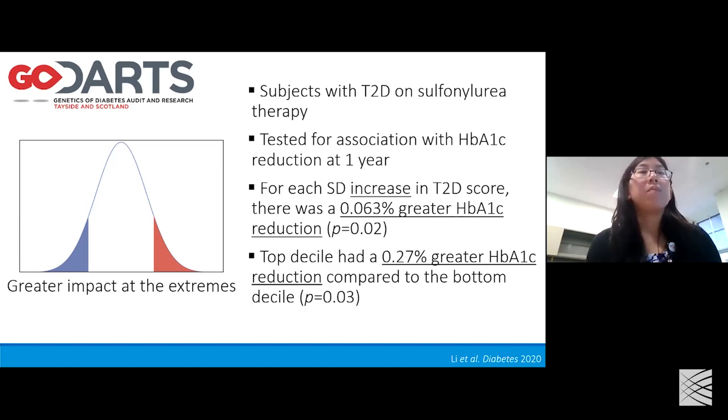We also looked at the extremes, comparing the top with the bottom decile of the distribution of polygenic score, and found that the difference was much greater when comparing the tails at the ends of the distribution. This may suggest, again, the use of polygenic scores in pharmacogenetics for those who are at the extremes, as they may have the most to gain from this.